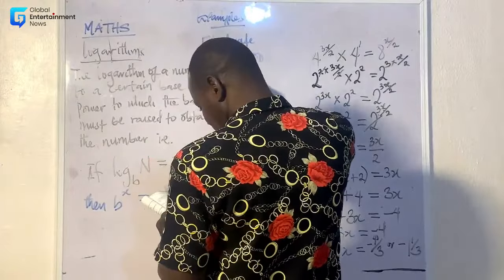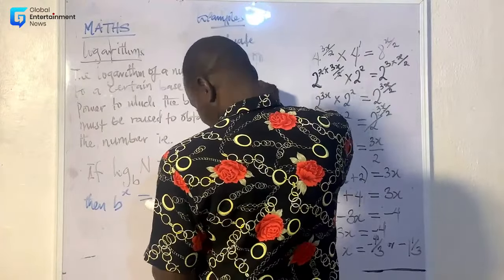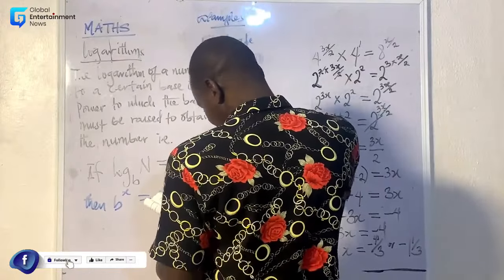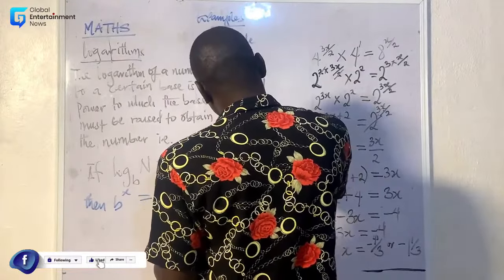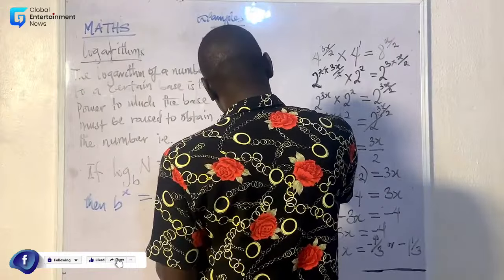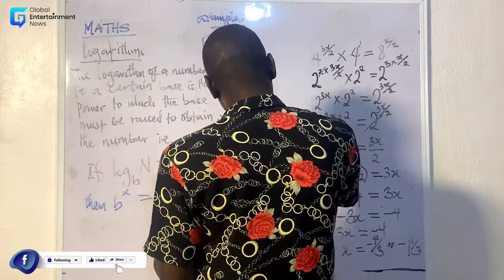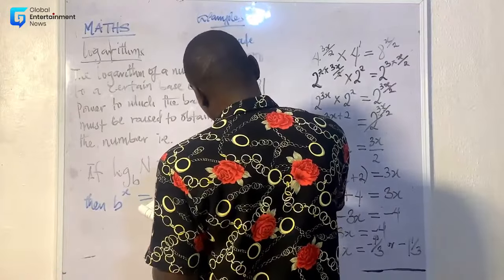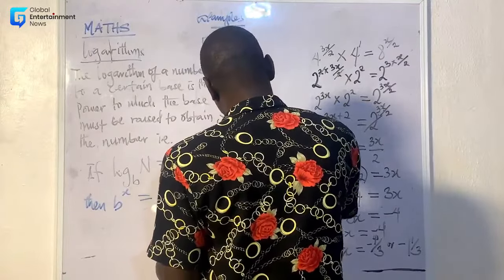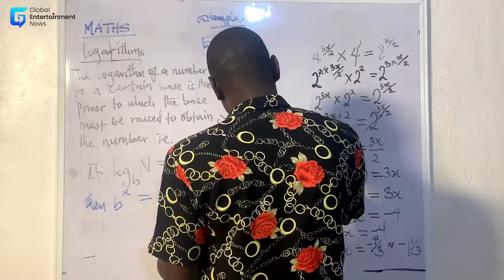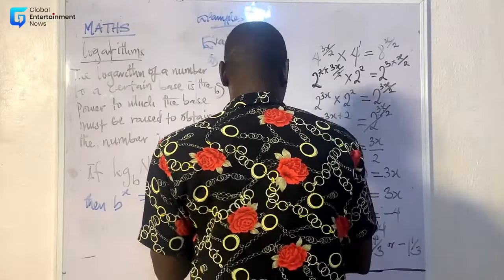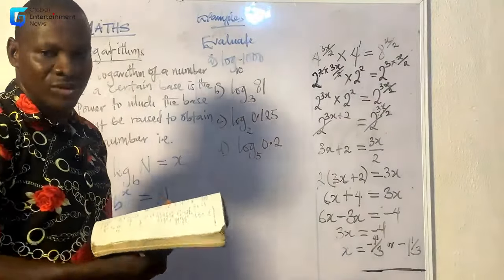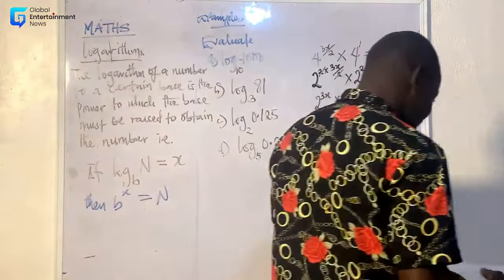Then the second one, we have log 81 base 3. And the C part, we have log 0.125 base 2. And the next one, we have log 0.2 base 5.